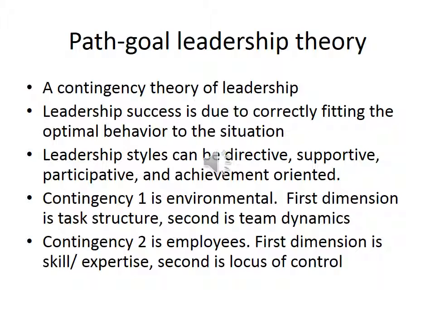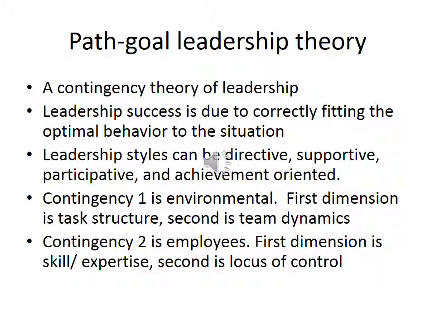So the leadership styles, according to path goal theory, can be four types, not just people oriented, not just task oriented, but directive, something like task oriented; supportive, something like people oriented; participative, that means leaders sort of delegate and allow others to take the lead at some point; and achievement oriented.